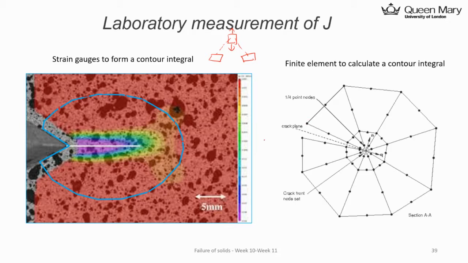You get the J. That's a very tedious method. Actually, it's not that practical most of the time. But with the DIC, it gets a bit easier, but still not that good. You need sometimes to use both experiment and the finite element to do the calculation.